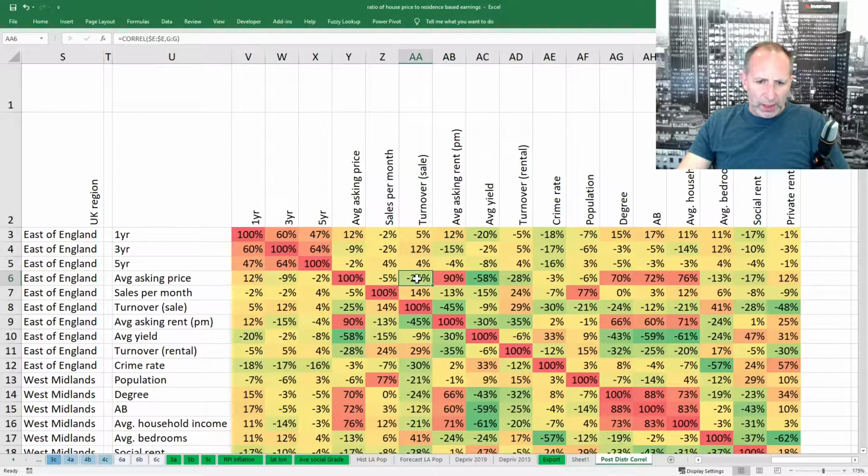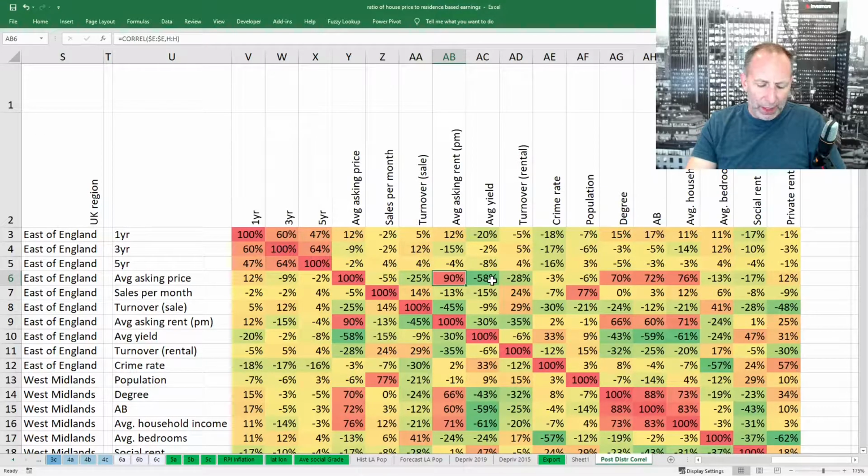The higher the asking price, the lower the turnover, the sales turnover in an area. That makes sense because property is more expensive and therefore less accessible to the majority of the population, thus less turnover.